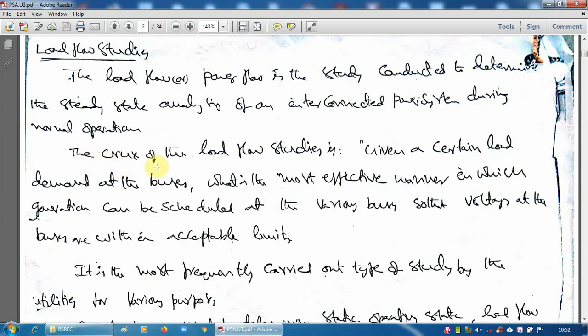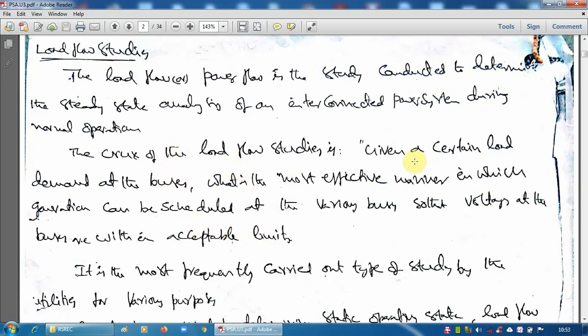You see the crux of load flow studies. Crux means the aim or main intention of conducting load flow studies: given a certain load demand at all buses, what is the most effective manner in which generation can be scheduled at various buses so that voltages at buses are within the acceptable limits. So this task explains the steady state operation of the system.